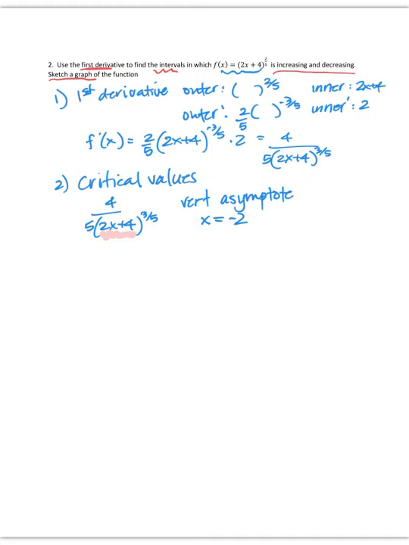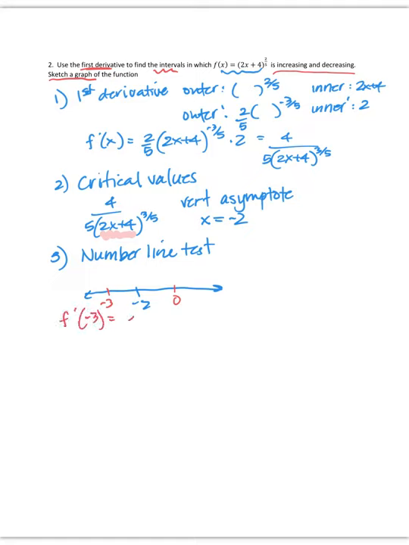So now we're going to do the number line test. This one is just going to have the critical value of -2. So we want to find some values to the left and the right. -3 looks like a decent one, and 0 looks like a decent one. So we are going to put those values into our derivative.